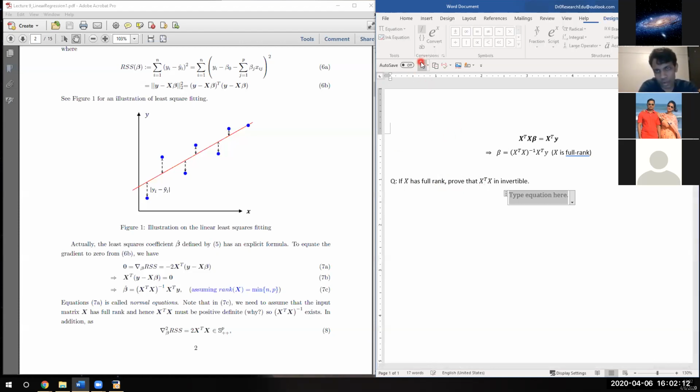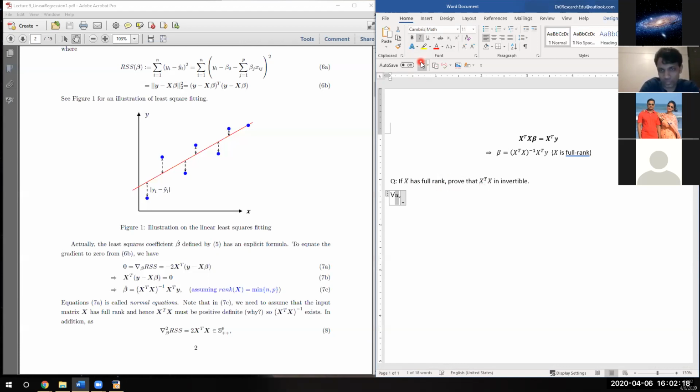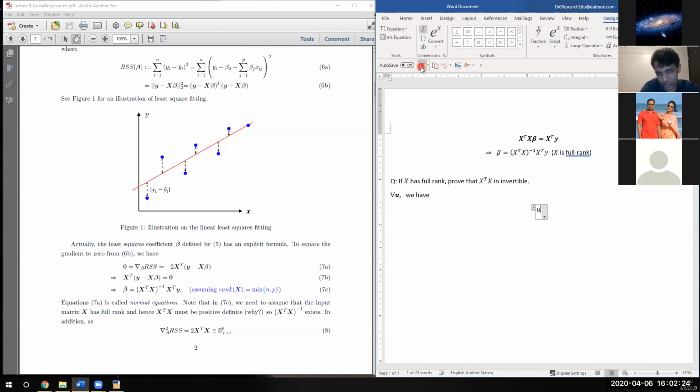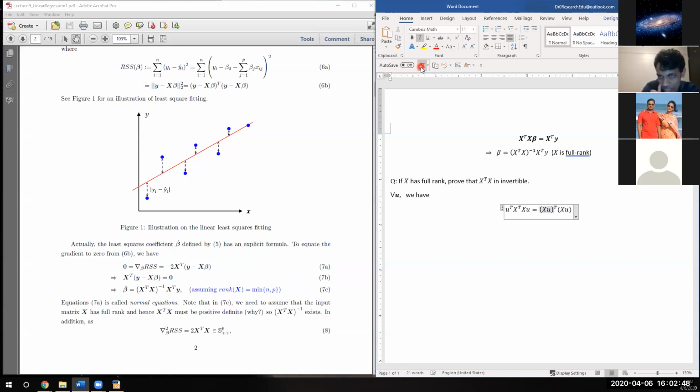For any vector u, we have u^T X^T X u, which equals (Xu)^T (Xu). Now this must be greater than or equal to 0, right?